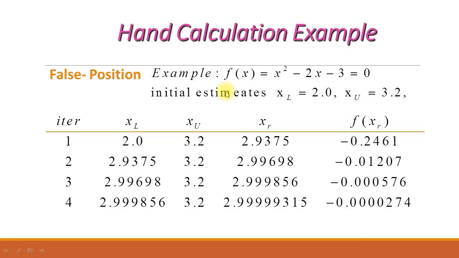Now using the false position formula to find the next root xr, first of all put these two values in the formula. You will get the third root 2.9375. Now put this third root into the given equation, you will get minus 0.2460, and from this value it is clear that the function has a negative sign at this third root and a positive sign at this xu value.